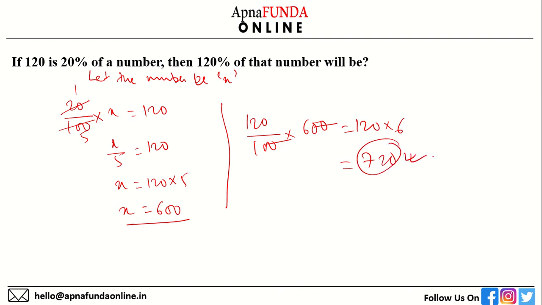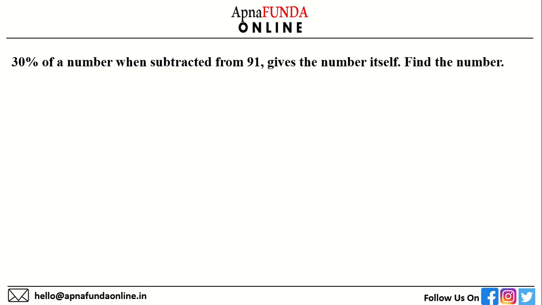This is my answer. I hope you have solved along with me and you have also got the same answer. Next question. 30% of a number when subtracted from 91 gives the number itself. Find the number. Okay.